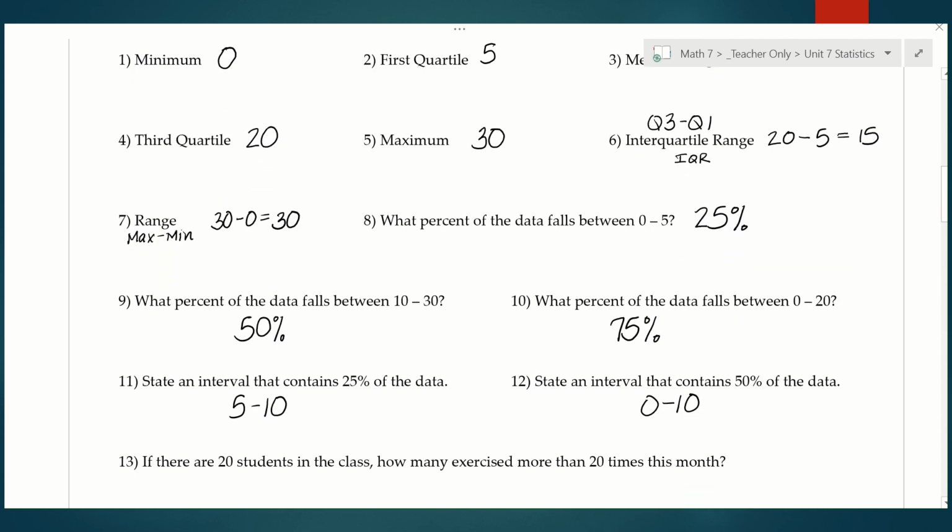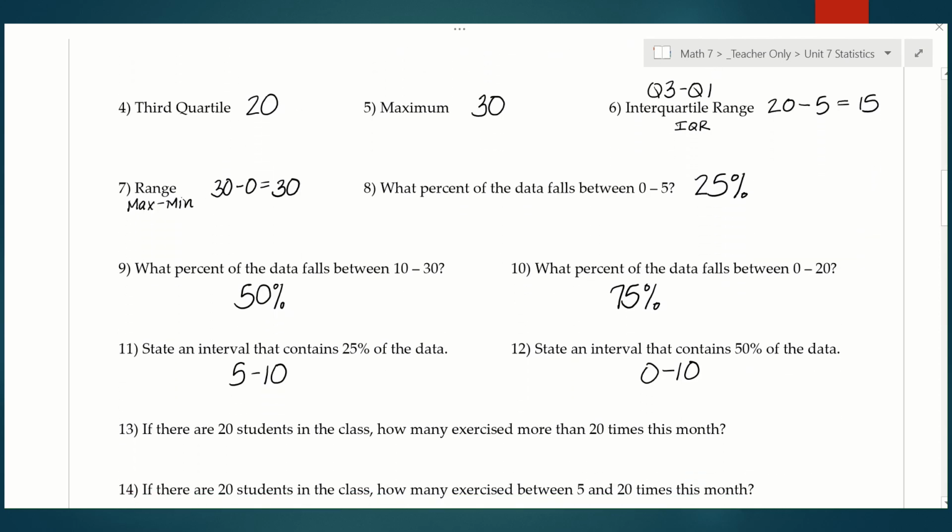Okay, number 13. If there are 20 students in the class, how many exercised more than 20 times this month? Now we're talking about actual number of students versus percent. If we know that there's 20 students in the class, I need to figure out how many students exercised more than 20 times this month based on what we can figure out from the box and whisker plot.